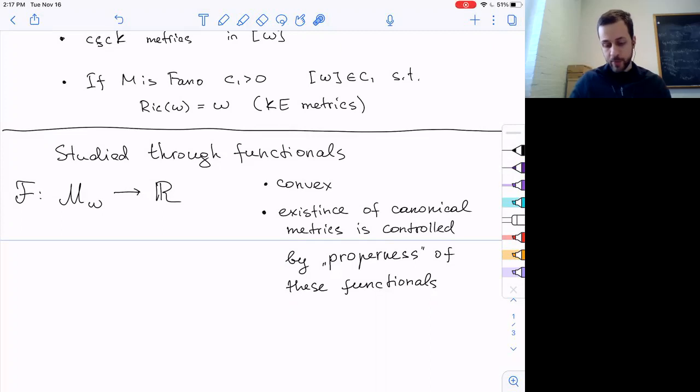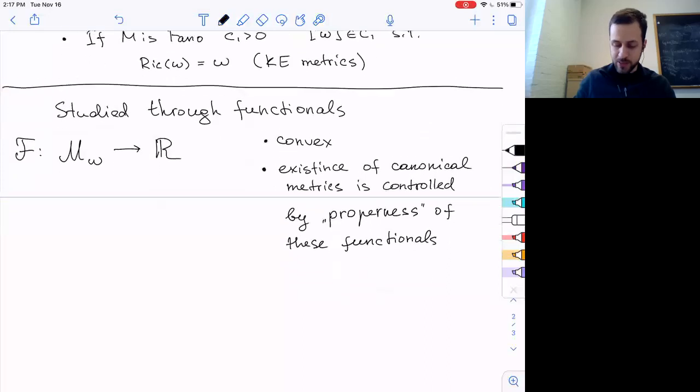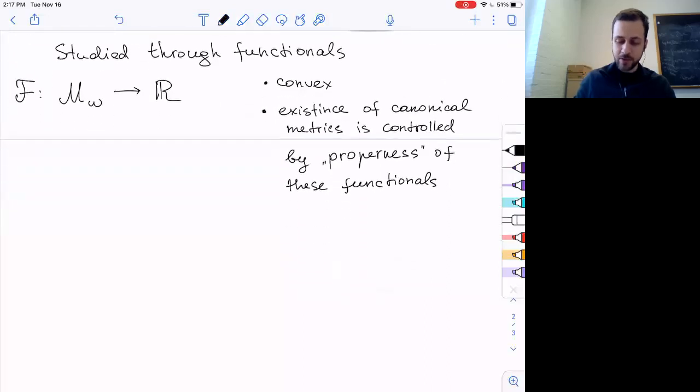For some of them, we might expect to find nice functionals and study those functionals in order to understand the existence of canonical metrics. So that's what I'm going to talk about, and we're going to consider a very narrow and specific geometric setting. It should serve more as evidence that the whole methodology works in the generalized Kähler world, and maybe it can be extended beyond to other types of metrics as well.